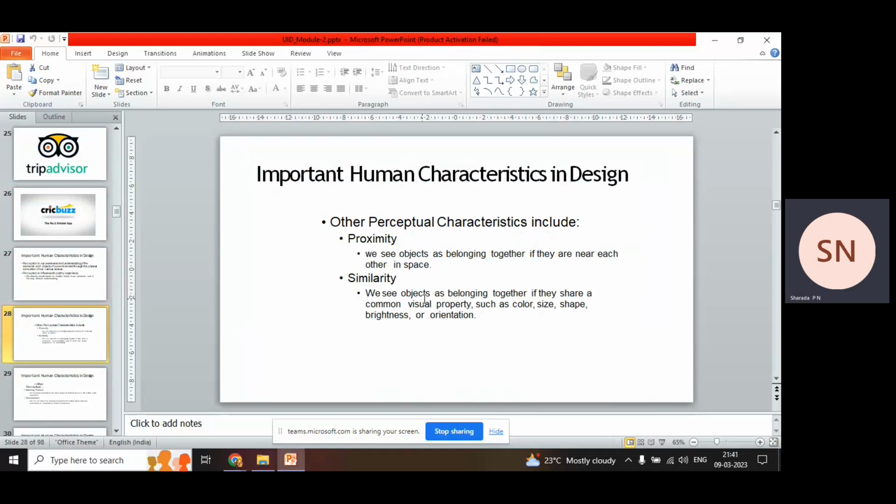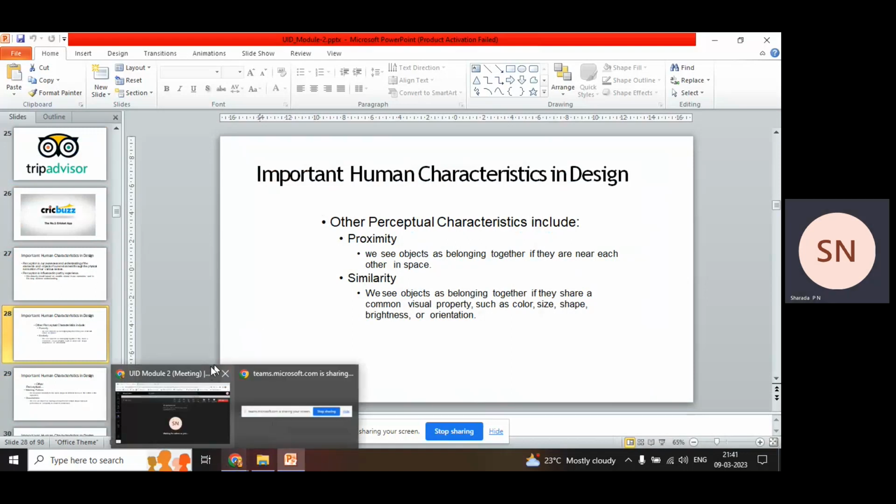Our sensing mechanisms are bombarded by many stimuli, some of which are important and some of which are not. Important stimuli are called signals, and those that are not important or unwanted are called noise. Next, we will see the memory element in the next text.